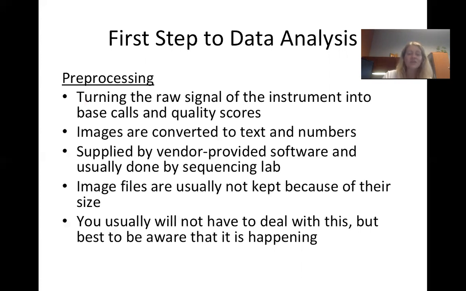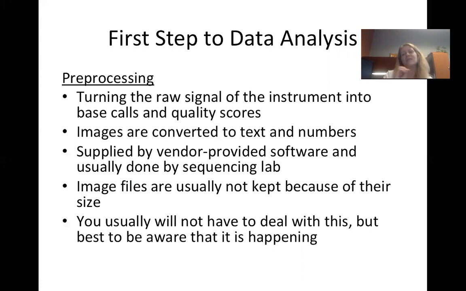But one of the reasons to talk about this is because as the software is taking these images, or in the case of a MinION, the little current signals, and converting them to bases, to text, it can do some analysis and say, the signal is really strong and clear. I think this is a very high quality base, and it can assign it a high quality score.